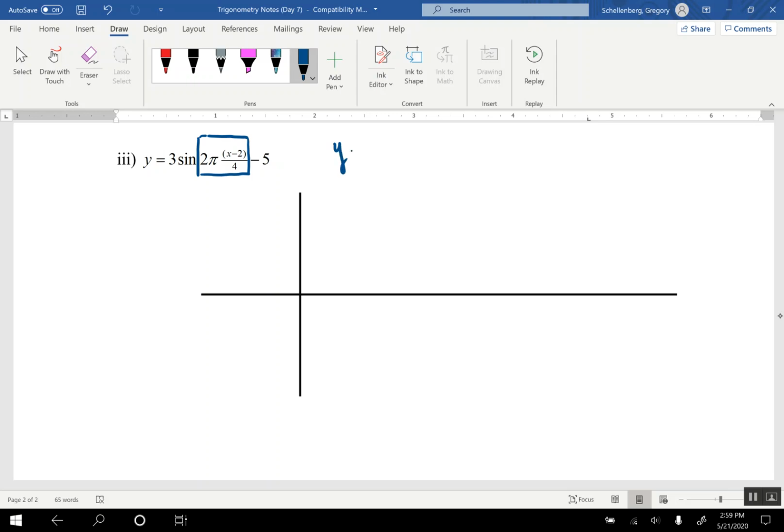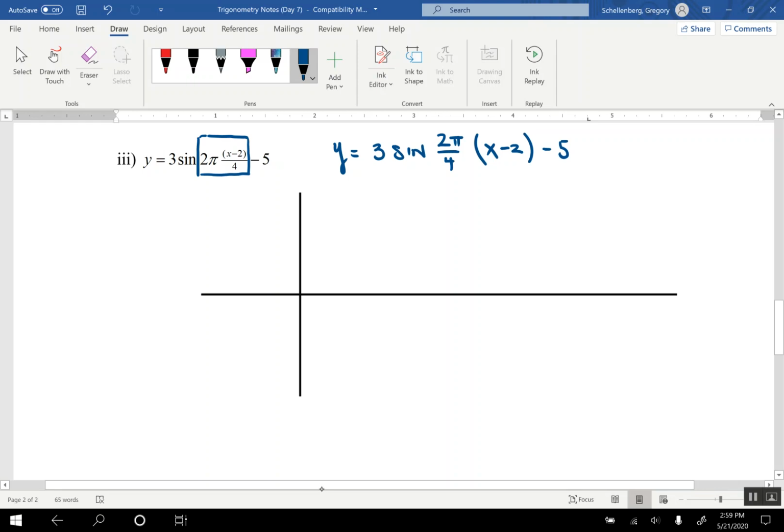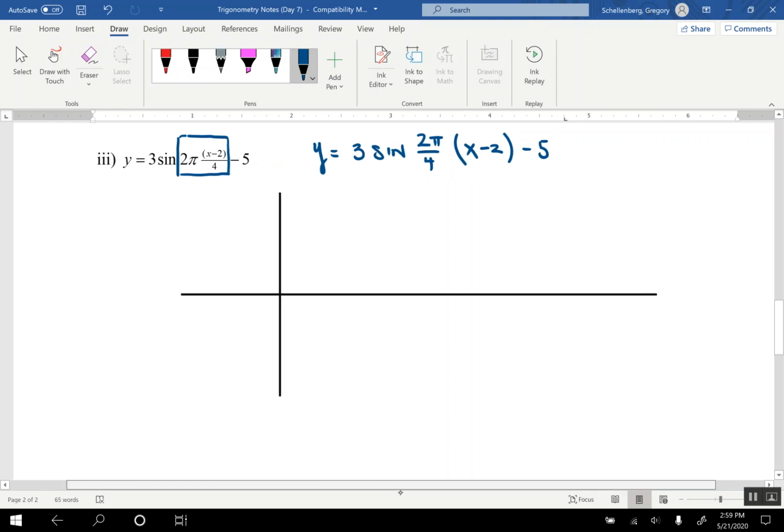We've got y is equal to 3 times the sine of. Now I'm going to factor a 4 out here. I'm actually just going to rearrange the way this is written. 2 pi over 4 times x minus 2, minus 5.